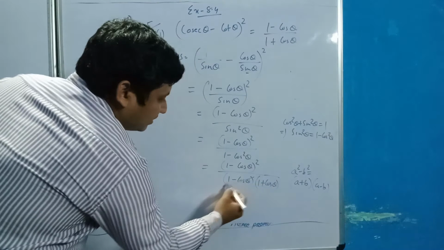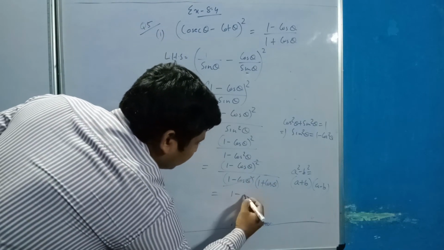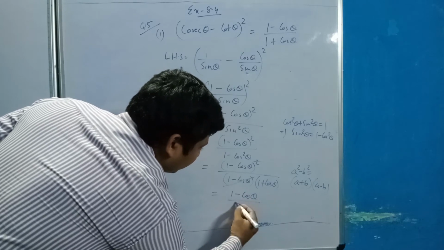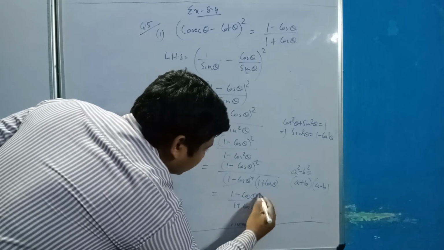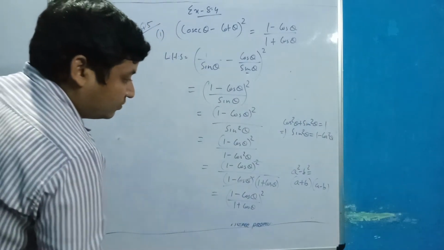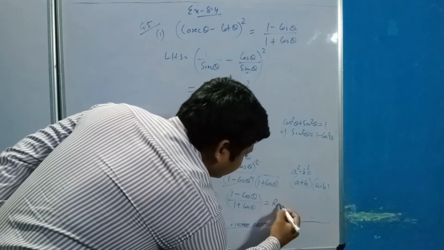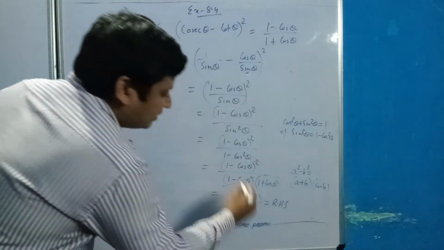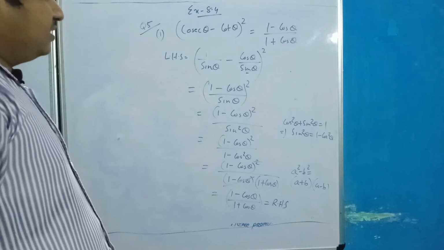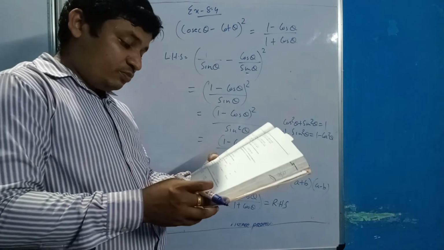Now one factor of 1 minus cos theta cancels, leaving (1 minus cos theta) by (1 plus cos theta), which is given on the right hand side. Hence proved. So LHS equals RHS. From identities only I have proved it.